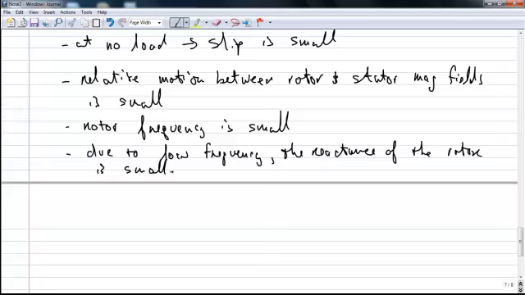Therefore, the rotor produces a small magnetic field, B sub r, that's going to be a little bit more than 90 degrees behind B net because of the very small reactance.